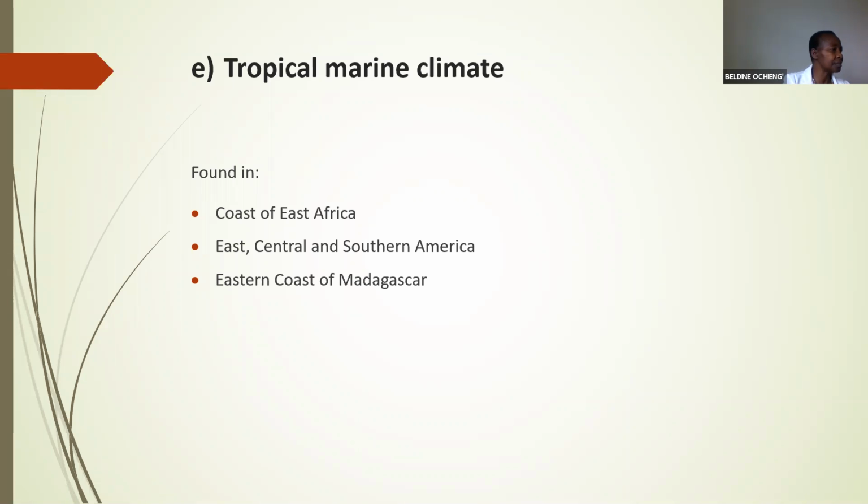Uganda is inland. So Kenya and Tanzania. East, Central, and Southern America. Eastern coast of Madagascar. Your mind should be taking you to the regions as we read them, where they are lying on the world map.